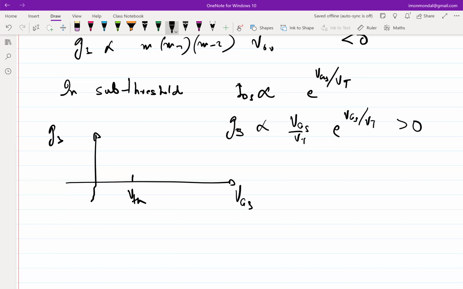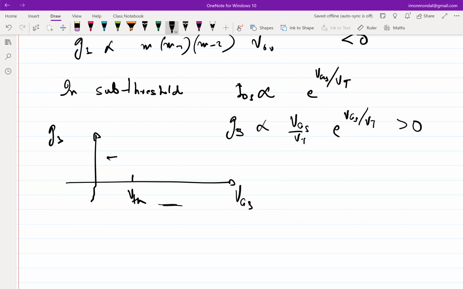So clearly above threshold voltage, when transistors are in saturation, your G3 is negative. Below threshold voltage, in a simplistic model, obviously these models don't really start here and stop here, it's gradual, your G3 seems to be positive.